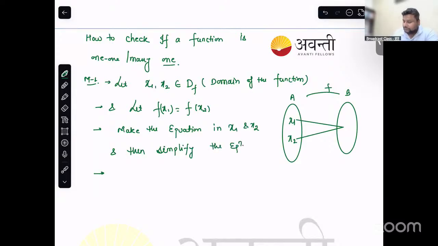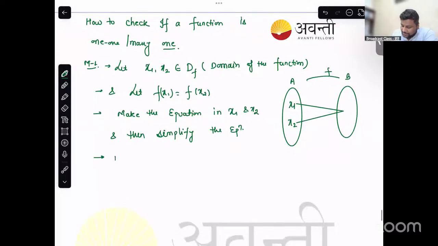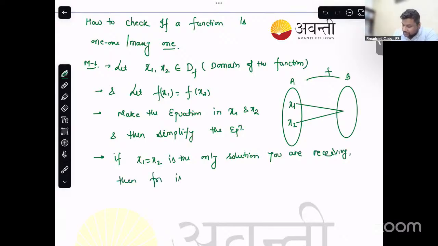Next, now this is the concluding step. If x1 equals x2 is the only solution you are receiving, then function is one-one.